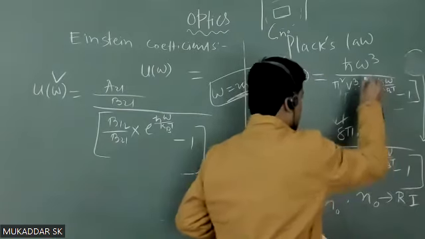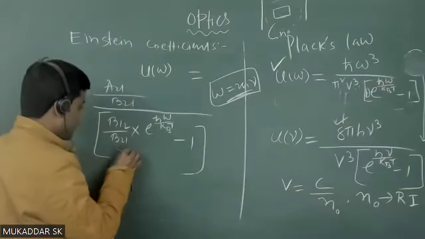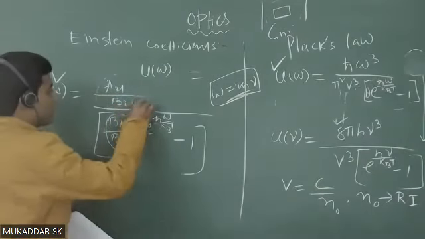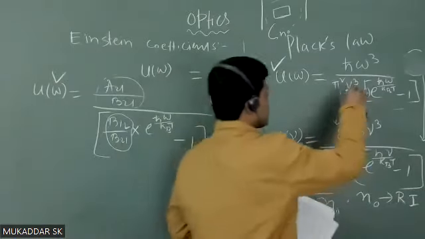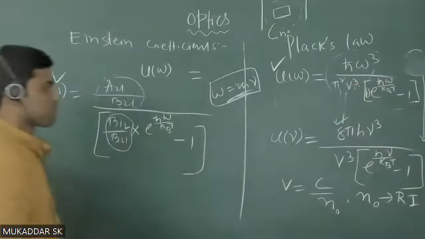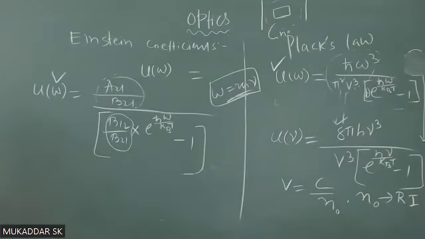So actually this value, and this A21 by B21 is basically this factor. So can I write A21 by B21, कितना आ जाएगा बताओ आप लोग?